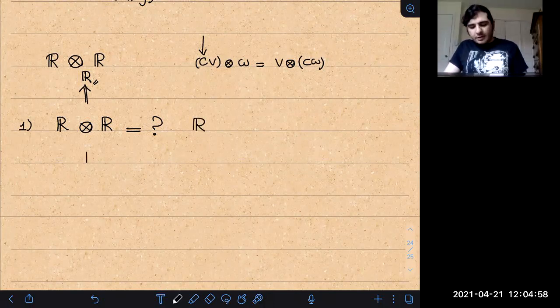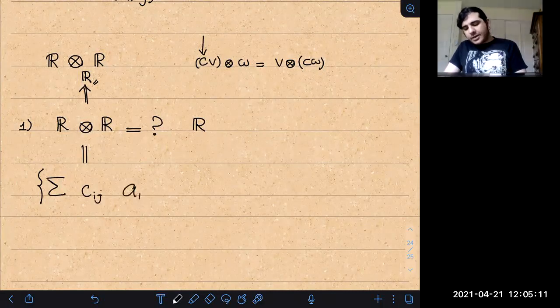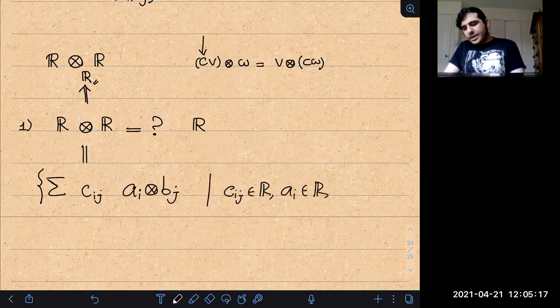If we follow the definition, this is a formal sum of things like Cij Ai tensor Bj, where Cij are in the field, which is the real numbers, Ai is an element of R, and Bj is also an element of R.